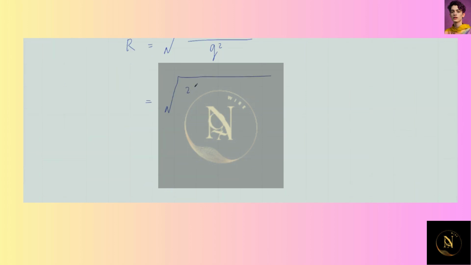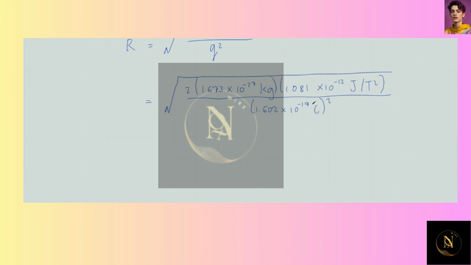Putting in our values, this is the square root of 2 times the mass of a proton, 1.673 times 10 to the minus 27 kg, multiplied by the slope, 1.081 times 10 to the minus 12 joules per square Tesla, divided by the charge of the proton, 1.602 times 10 to the minus 19 coulombs squared.